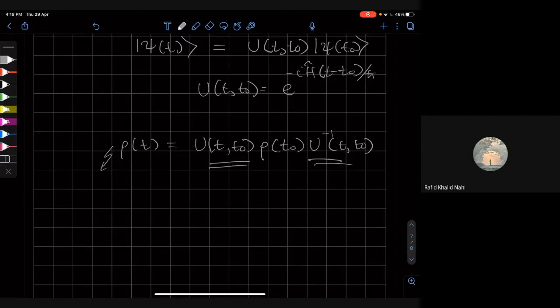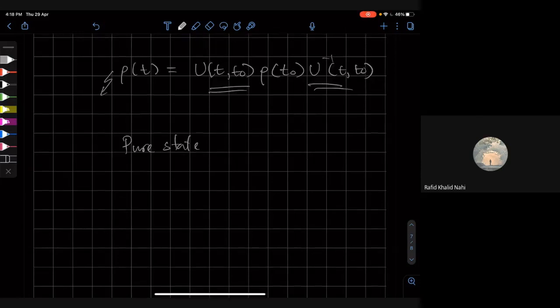Now, also, if you have a pure state, then the trace of rho squared is going to be the same as the trace of rho. As we saw, for a pure state, rho squared is rho. So this is going to be 1.